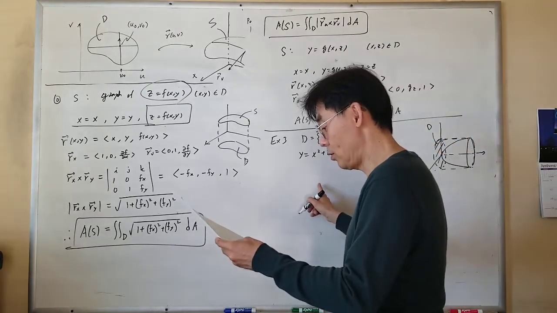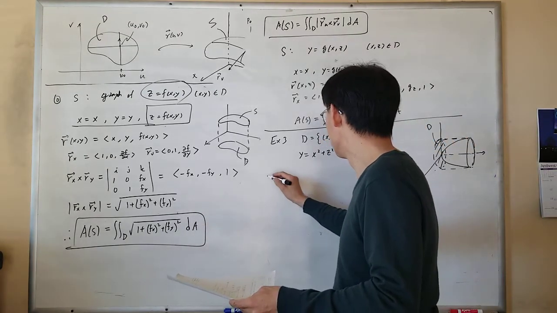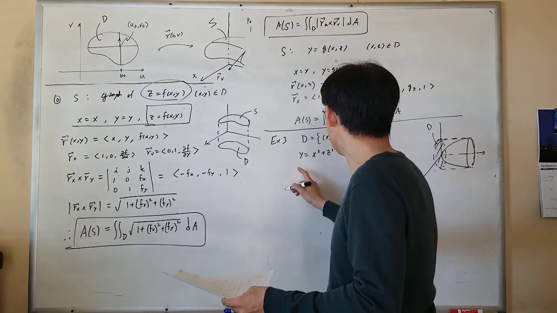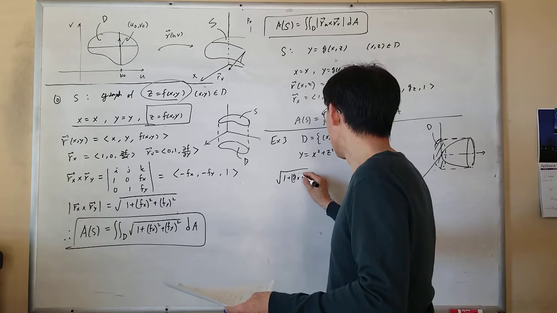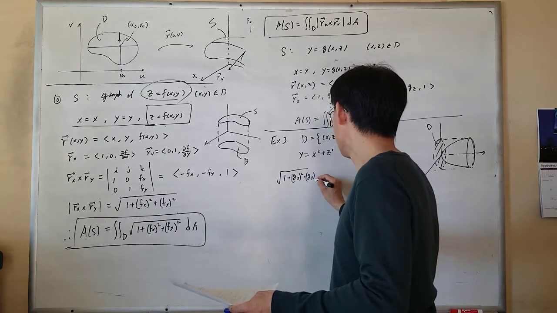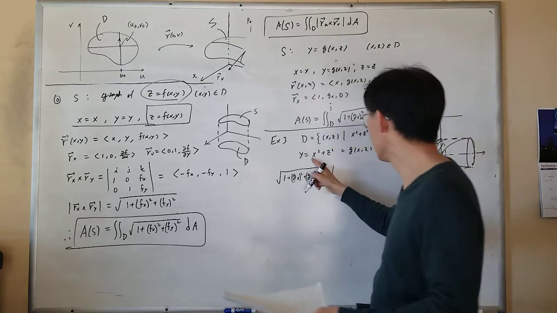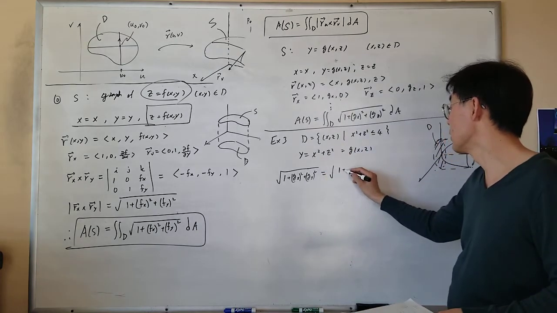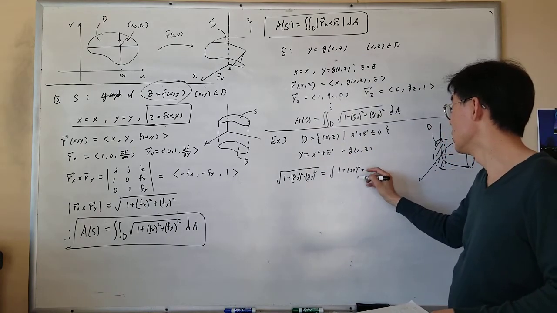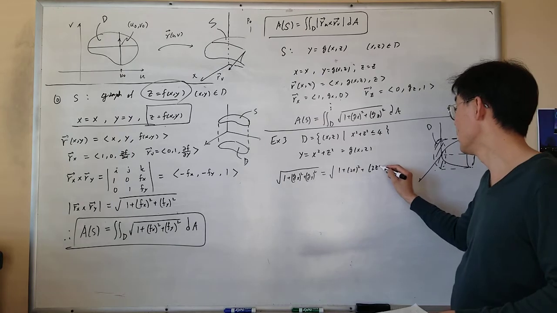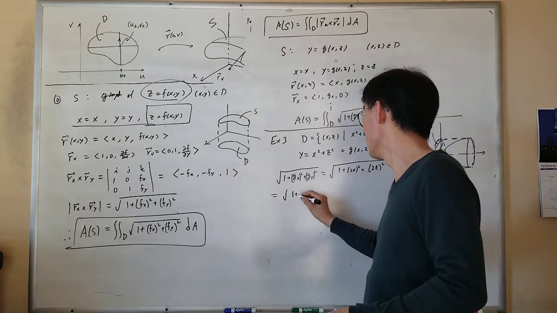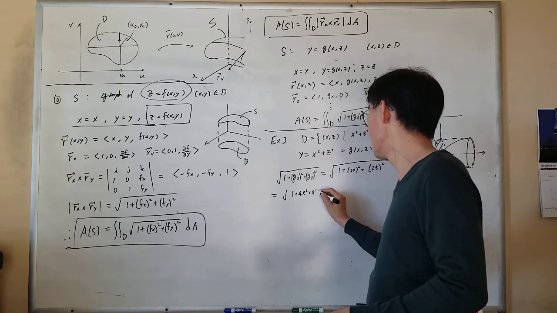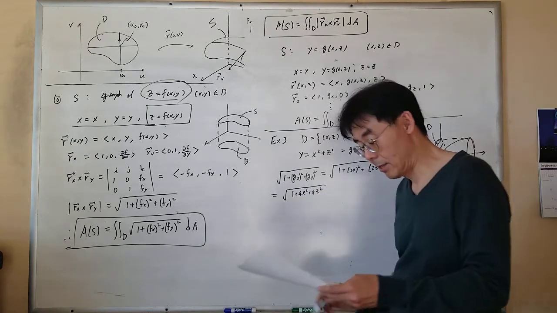So what you need to do here is the square root of 1 plus g sub x squared plus g sub z squared. What is g sub x? 2x. G sub z is 2z. So here, in this case, 1 plus 4x squared plus 4z squared.